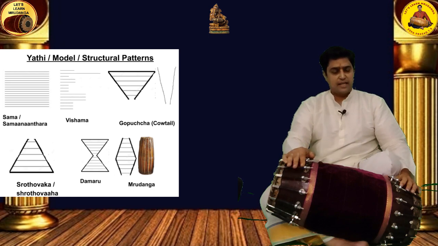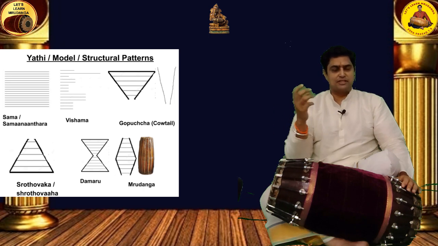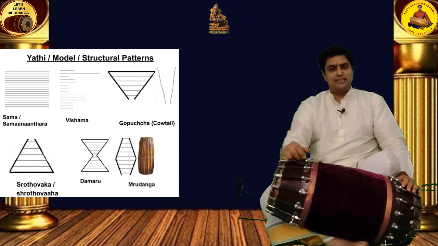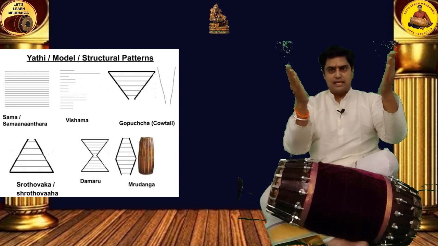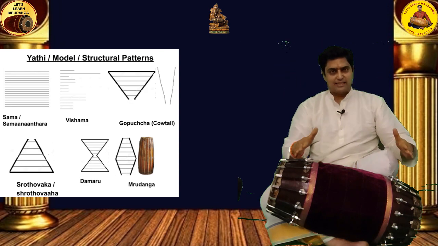So it can also be something like a Damaru Yati. When I say Damaru Yati, it's kind of Damaruka shape, the instrument which will be in the hand of Lord Shankara, Sadashiva. So that will have a decrease and then increase.